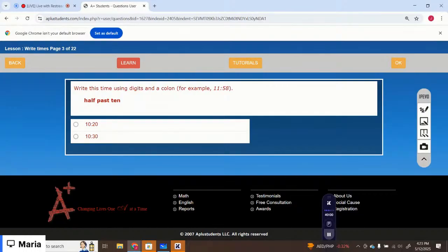Write this time using digits and a colon. 10:30. Half past 10 means that is 10:30. Option number two is the correct option.